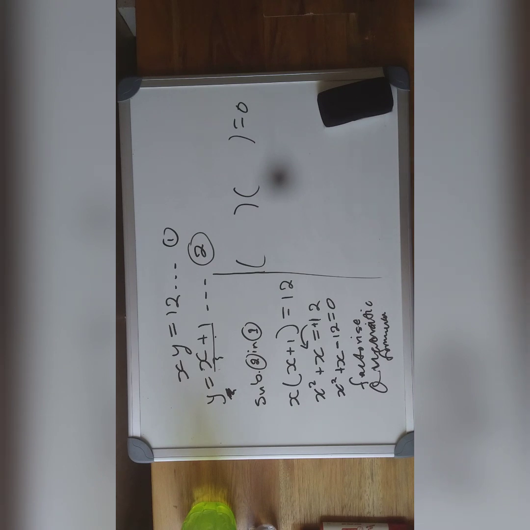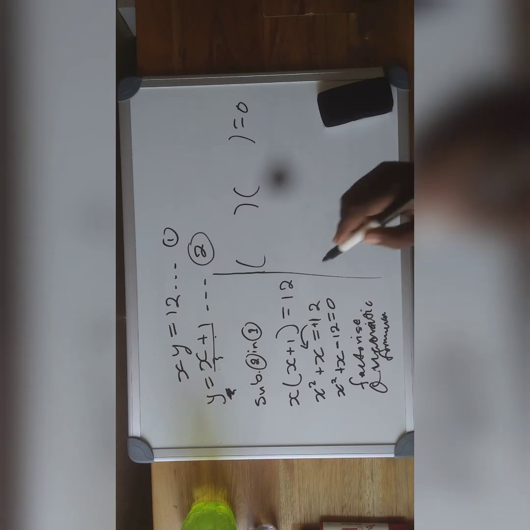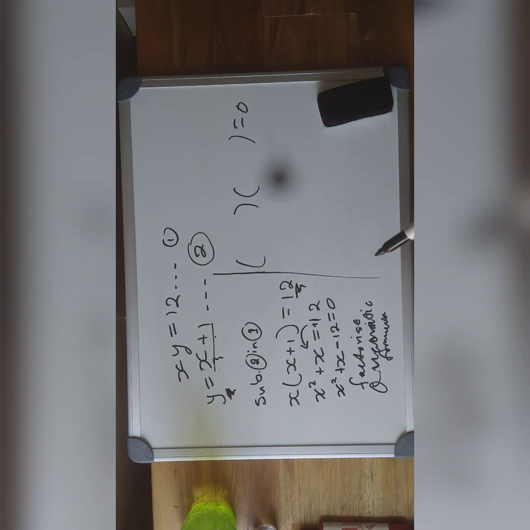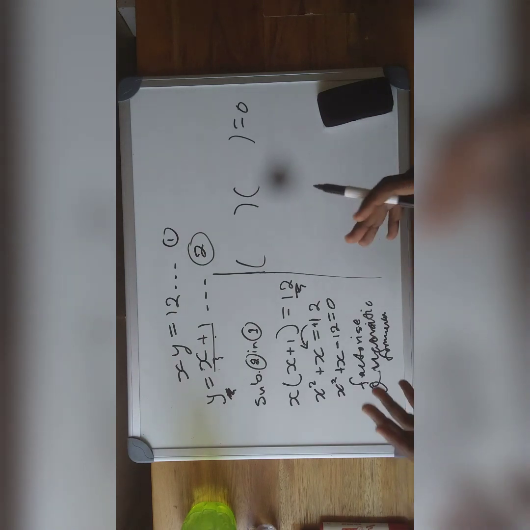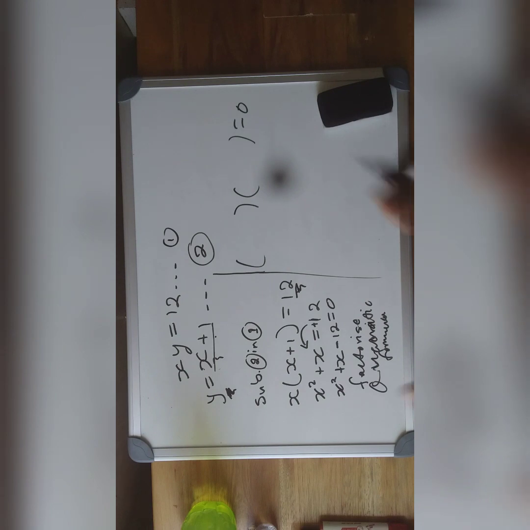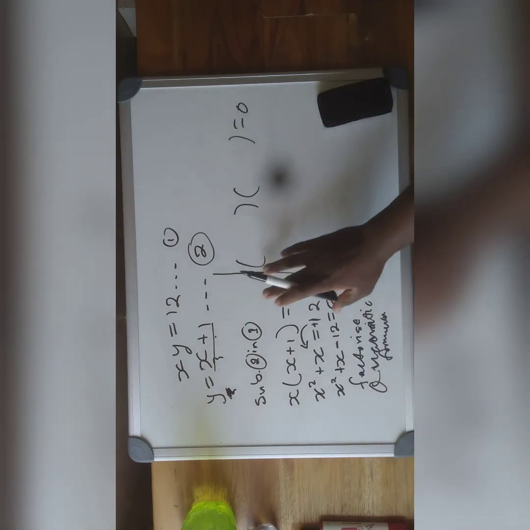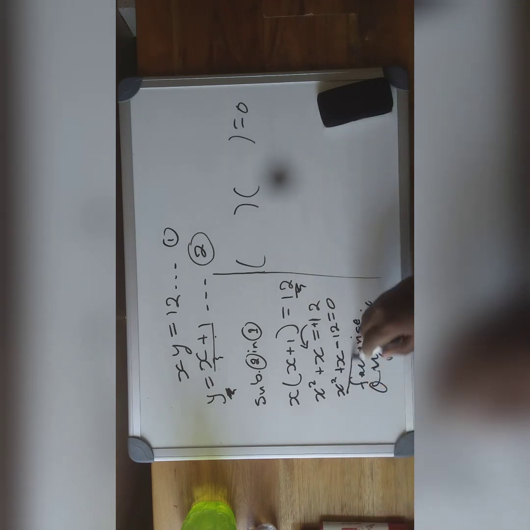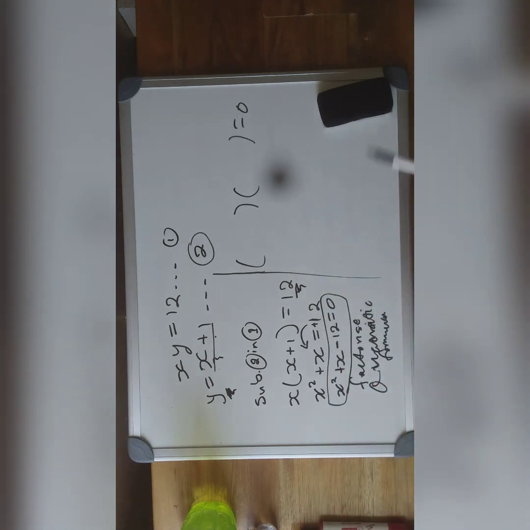When we factorize, we need values of 12, I mean, those values which can get into 12 and leave no remainder. We need all those values to solve this equation over here.